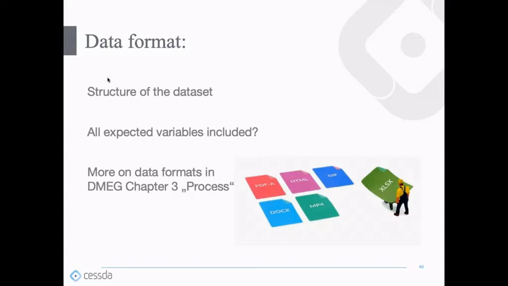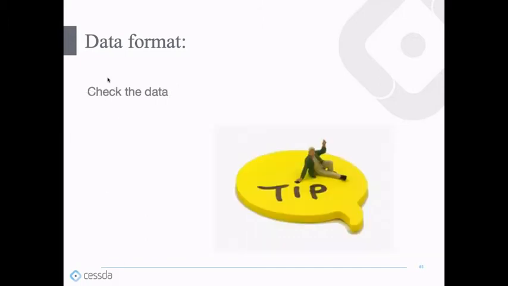Data archives usually offer to download data in the widely used current standard analytical programs. However, in some rare cases, the format may be old, out of date, and it may cause some troubles. When you download a dataset, look at its structure and variables. Check whether it contains all the variables that are supposed to be included according to the documentation.